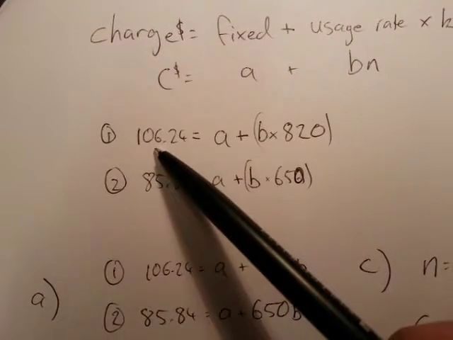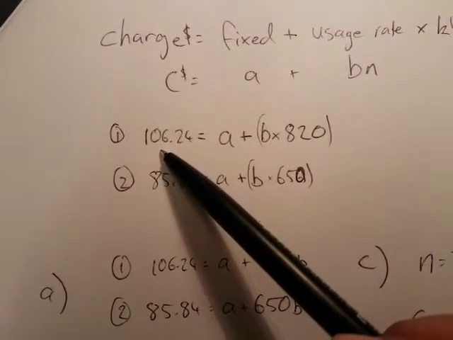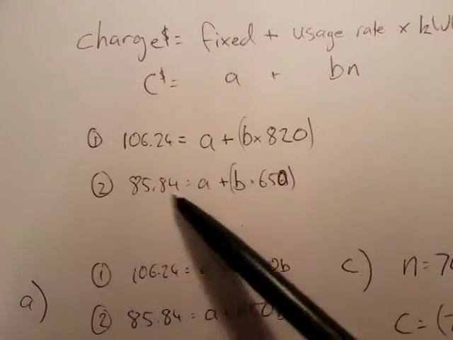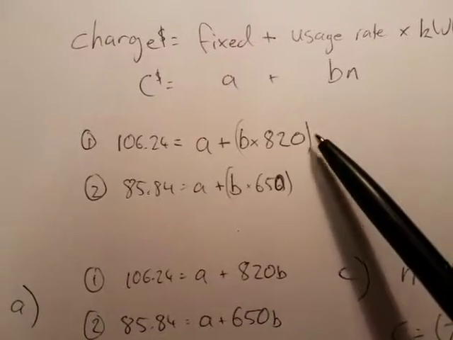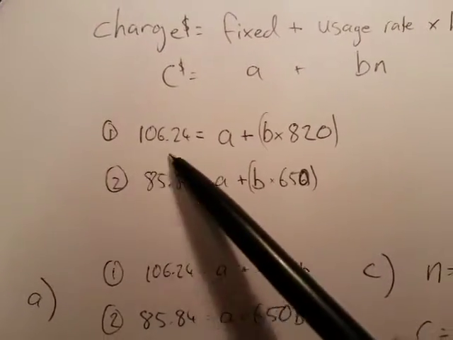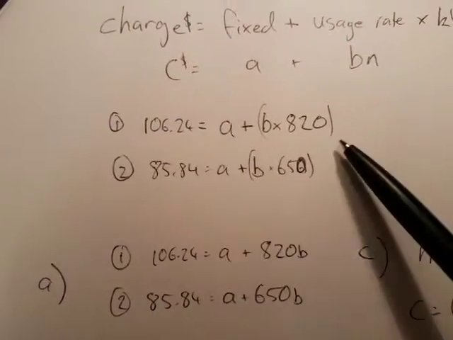So they ask us to write down two equations with the variables A and B. What I've done here is read through their description of the problem, and as they've gone through, I've just written down information in a mathematical way.